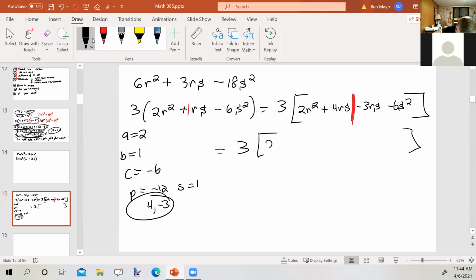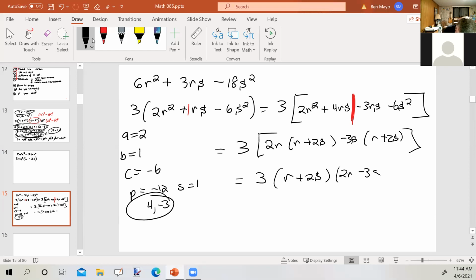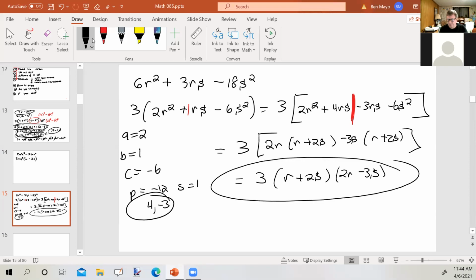Greatest common factor is 2r with an r plus 2s left over. So here I need an r plus 2s left over and a minus 3s, which works. So now I've got 3 times r plus 2s times 2r minus 3s. And there's the final answer. All right. Questions there? Let's see here.